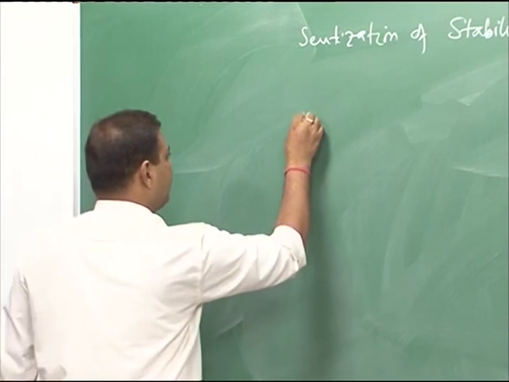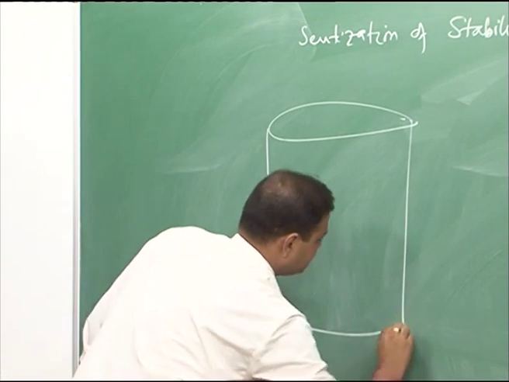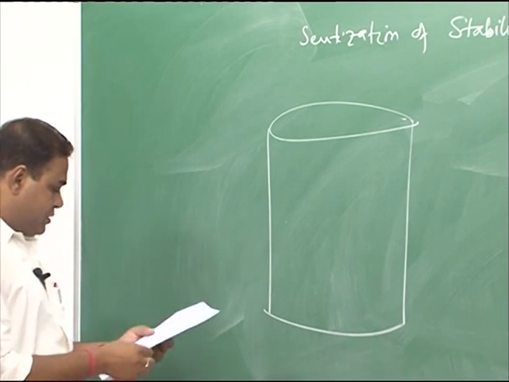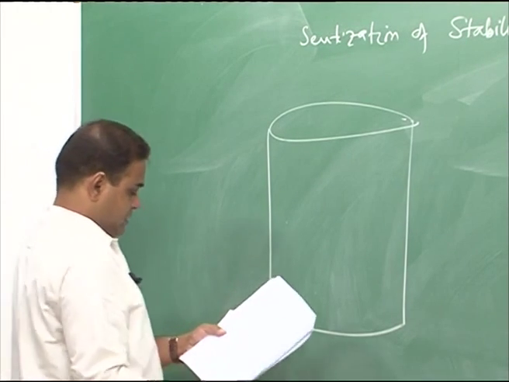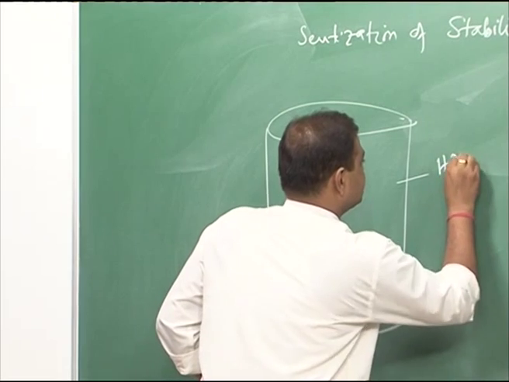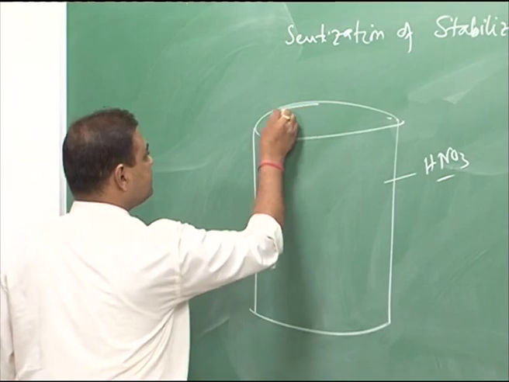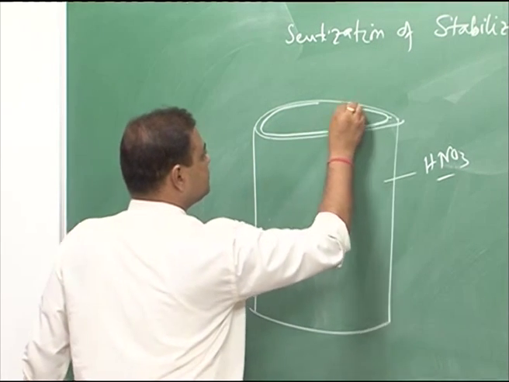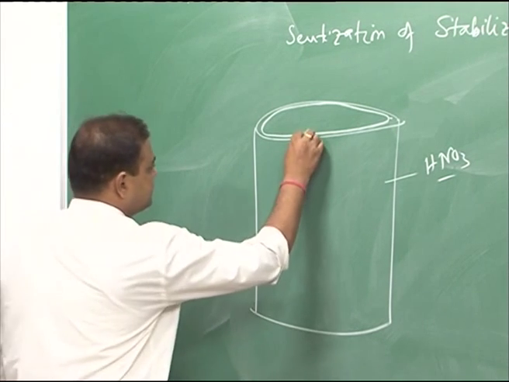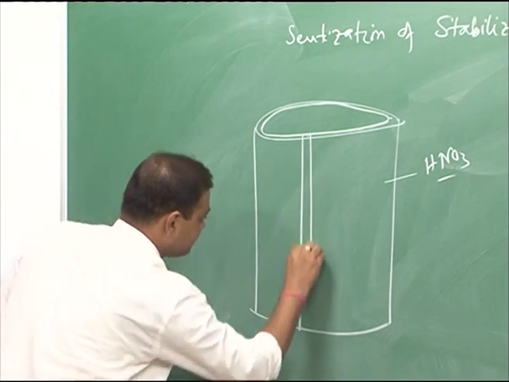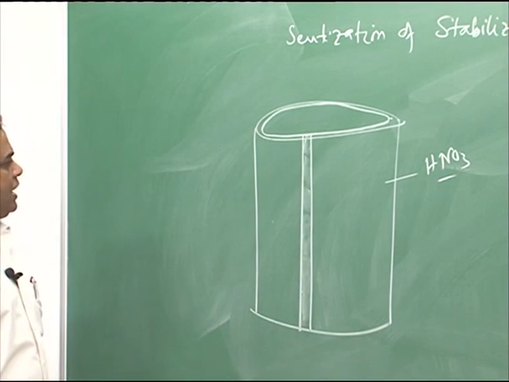Now, if we have a drum, let us say this is the drum which handles fuming nitric acid, HNO3, and this is a thin sheet drum, and the drum is welded like this part is welded.